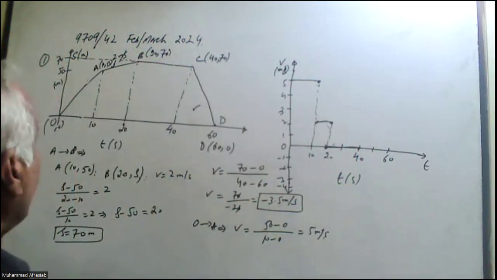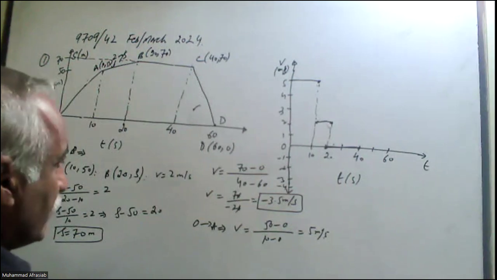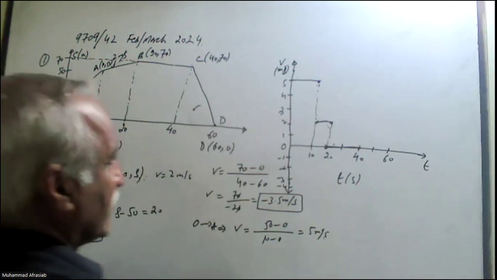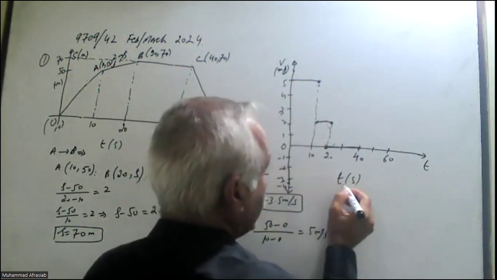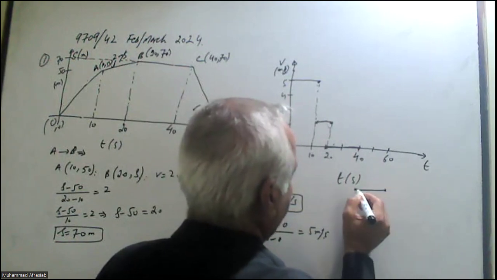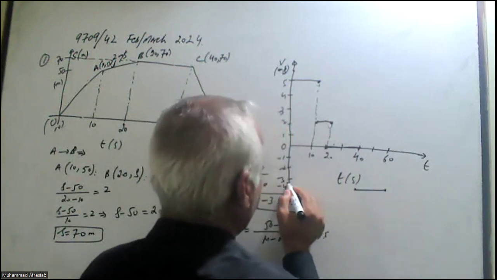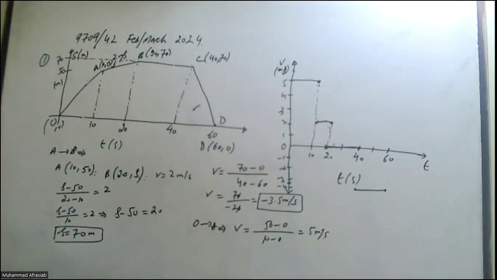And from 40 to 60, the velocity is minus 3.5 meters per second, so from this to this part, it is minus 3.5. So this is the velocity time graph for question number 1.